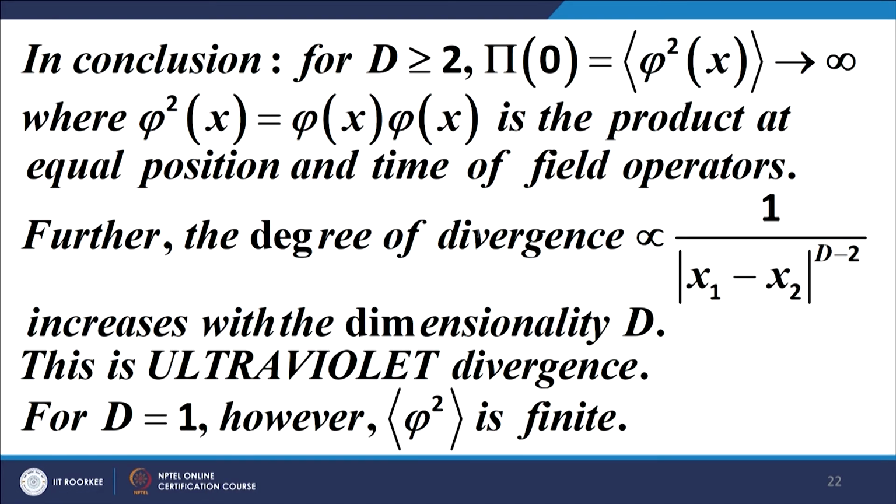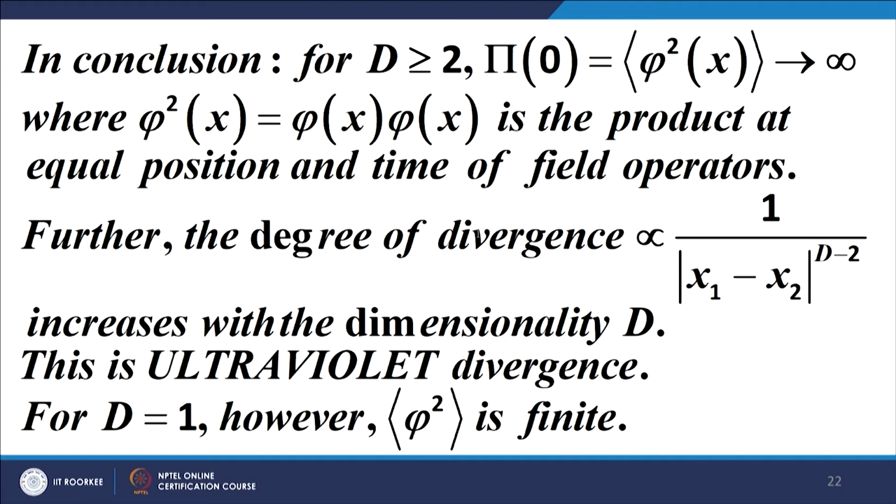So, to conclude, for d greater than or equal to 2, pi 0 is divergent, it tends to infinity, where pi 0 is the expected value of phi squared x at the same space time point.